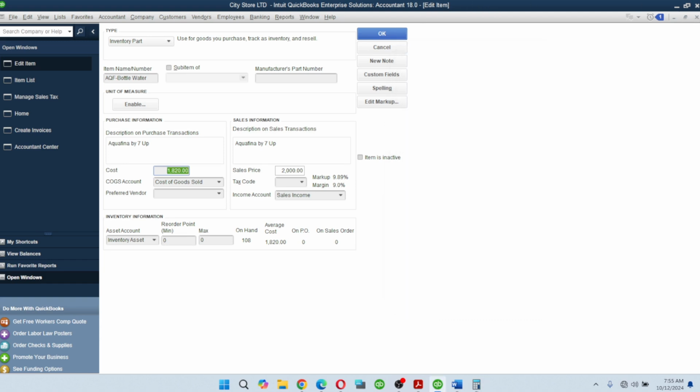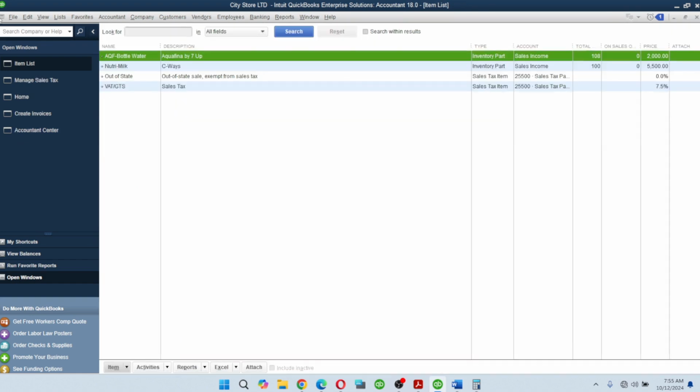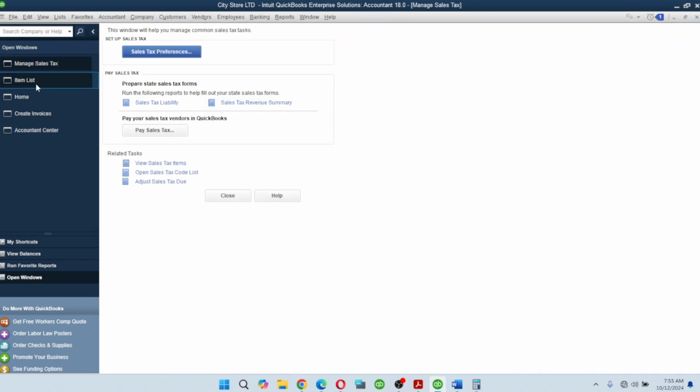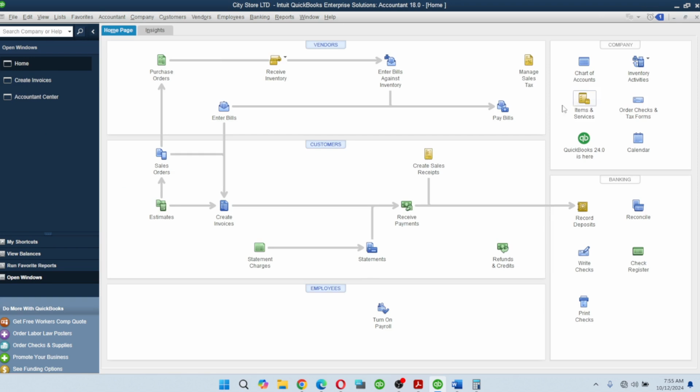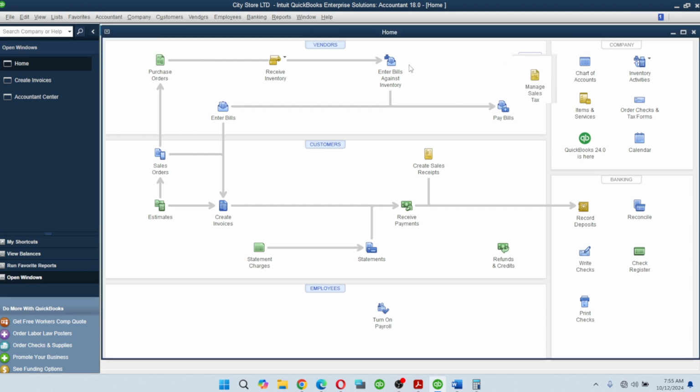So since we have determined how much you're supposed to pay, when you come to your tax management, or tax manager here, you click.